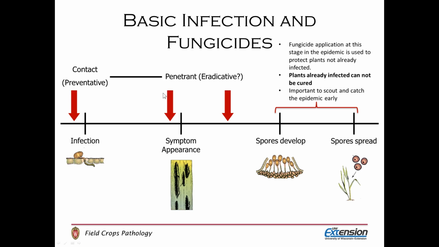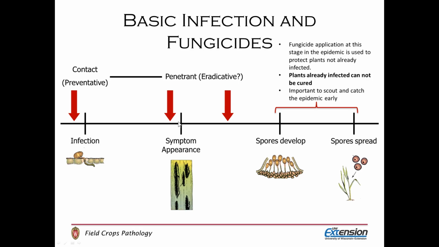The penetrant fungicides could be applied preventatively. However, if we think we've had infection or we see the beginning signs of symptoms, we could apply some of these penetrants and maybe slow the disease down a bit. However, once we get to the stage where we actually have sporulation within these lesions, this is really beginning to get too late for a fungicide application.